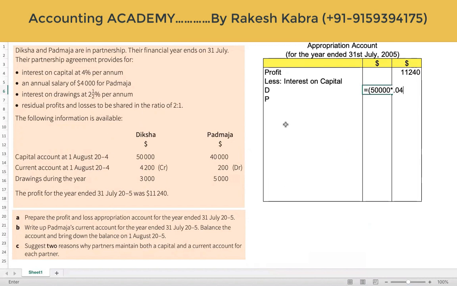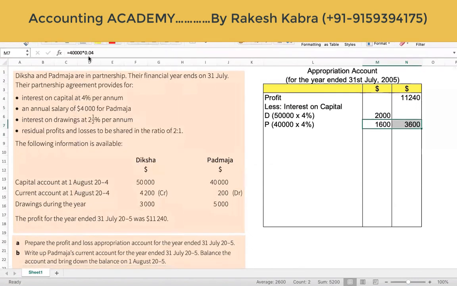So we should mention that here: Diksha's capital is 50,000 at 4%. And Padmaja's capital is 40,000, and on that 4% will be 1,600. So in total, how much amount will I allocate as interest on capital?